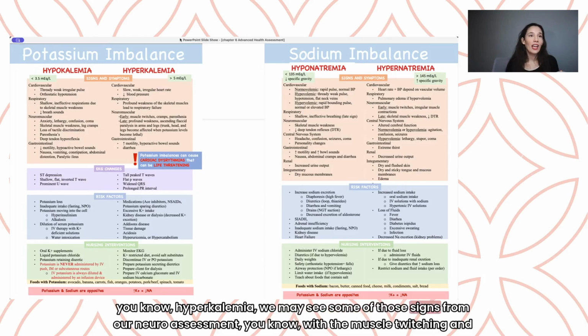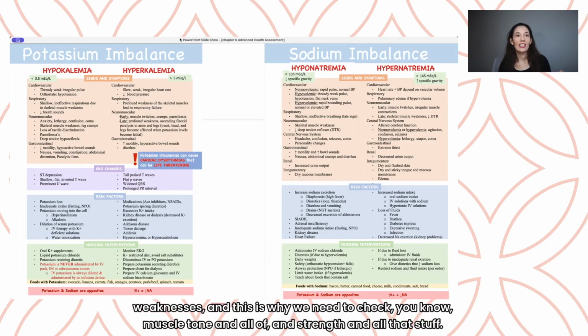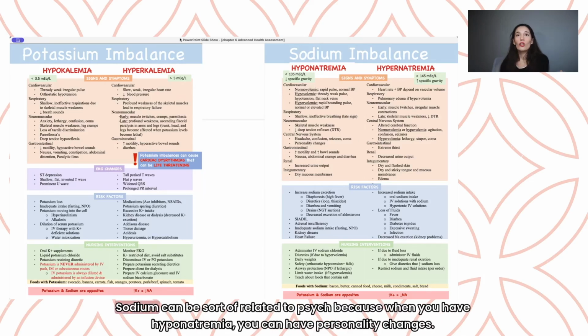With hyperkalemia, we may see some of those signs from our neuro assessment, with muscle twitching and weakness. This is why we need to check muscle tone and strength and all that. Sodium can be related to psych, because when you have hyponatremia, you can have personality changes.